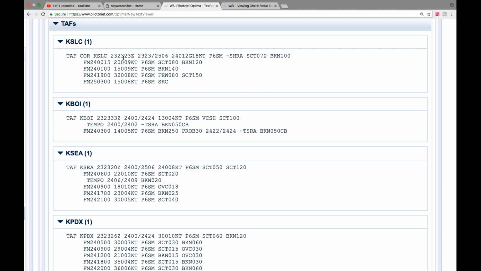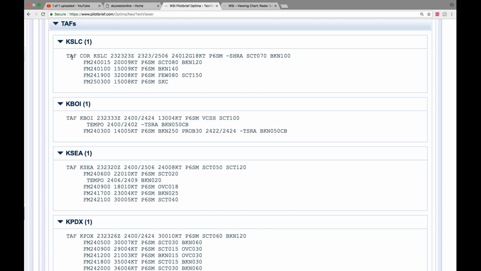That just means that they've got to issue it around that time, okay? And it's the same with the METARs. The METARs are issued hourly, but that doesn't mean that everybody puts their METAR out at the same exact time. It just means that within a small window, they need to be issuing a new METAR.